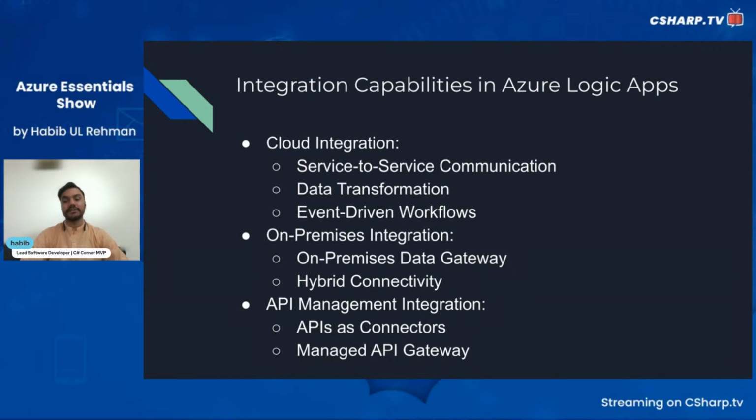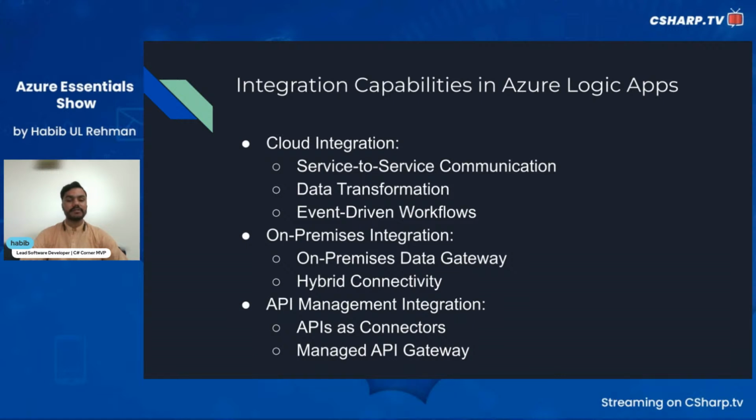For example, you can integrate Azure Blob Storage with an Azure SQL database for automated ETL processes. You can also have data transformation, which supports data mapping and transformation using built-in data operations like parsing JSON, converting formats from CSV to JSON, and more. We have event-driven workflows, which respond to events from Azure Event Grid, Azure Service Bus, and other event sources, enabling real-time processing and automation.